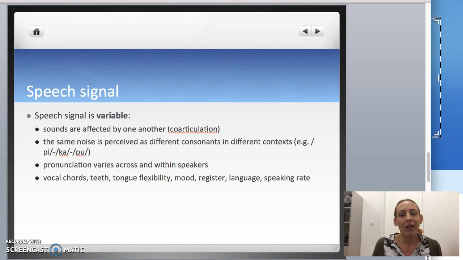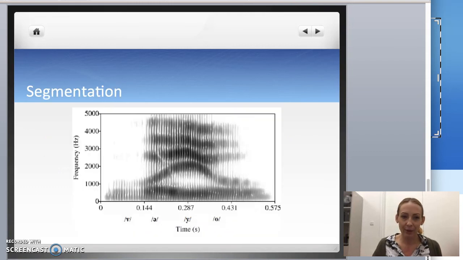So what we're talking about is a continuous signal that is slightly different in all speakers, slightly different on all occasions, and very, very fast.